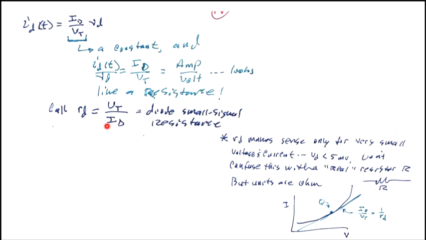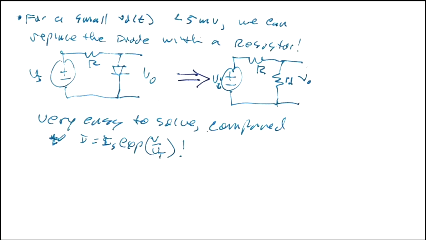Little rd, the small signal resistance, depends on the current we're running through it. For a small current, we get a huge resistance, and for a massive current, we get a tiny resistance. Hopefully I said that right.